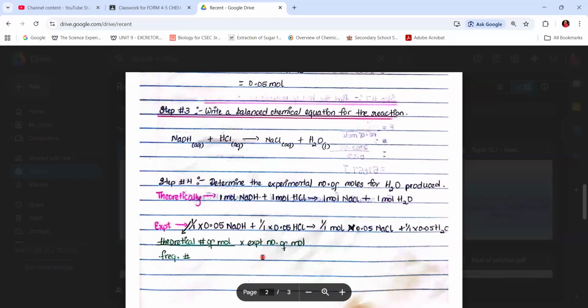Step 3, write a balanced chemical equation for the reaction. Sodium hydroxide added on to hydrochloric acid gives you sodium chloride and water.